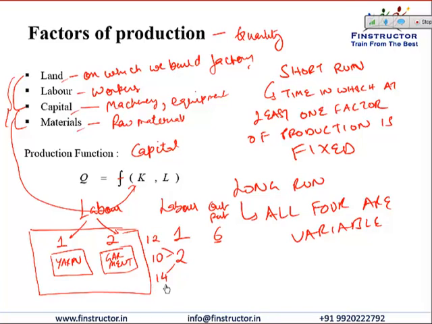Amongst the 3 options, that is 12, 10 and 14, we'll just discuss that the most likely option is that the 2 laborers together will be able to produce 14 shirts, and we are assuming there is adequate supply of raw materials.